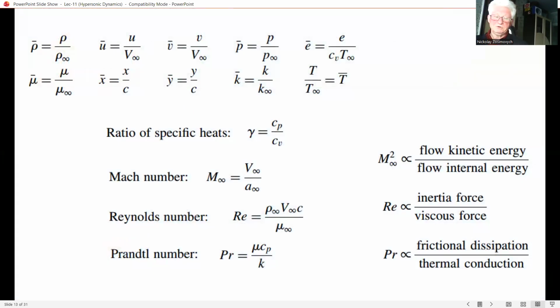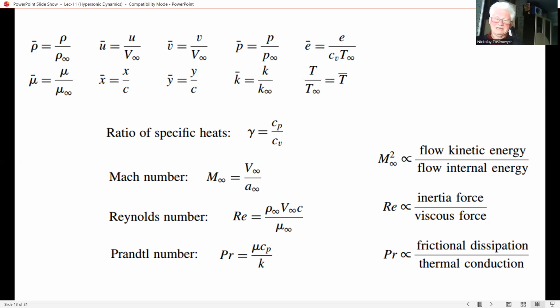So, to reduce the number of operations and terms without loss of instructional value, we will consider a two-dimensional steady flow, and we will ignore the normal stresses tau xx and tau yy.